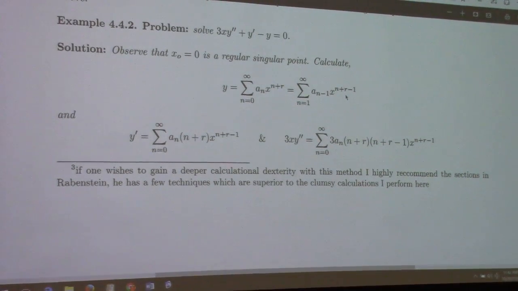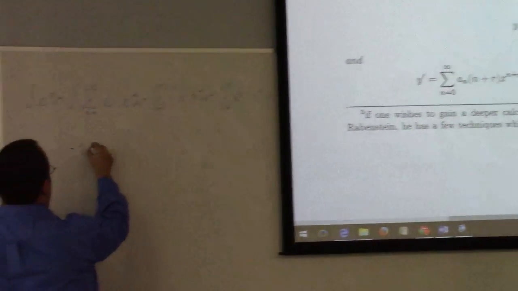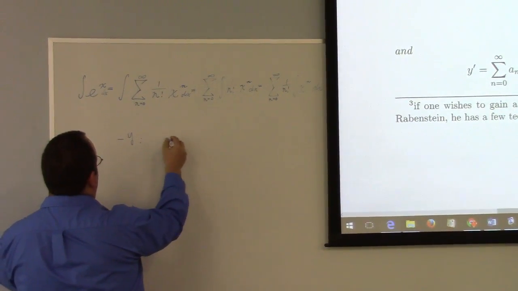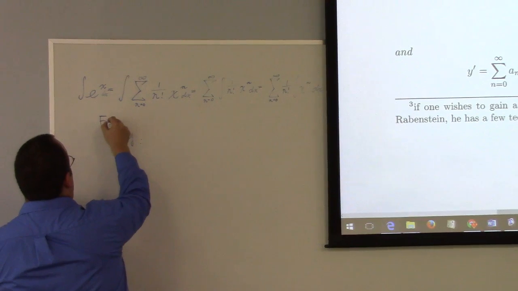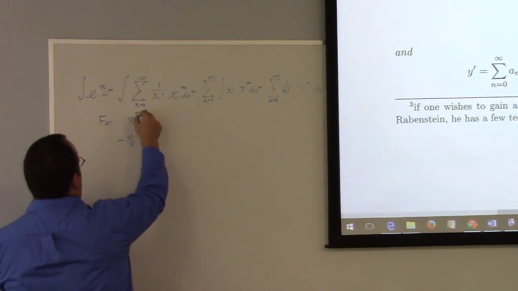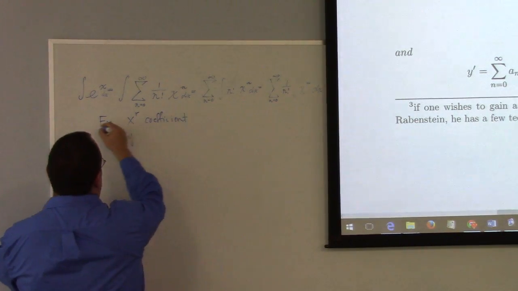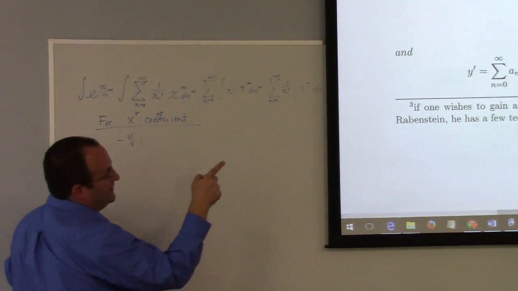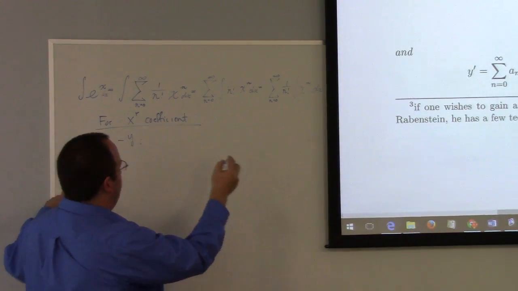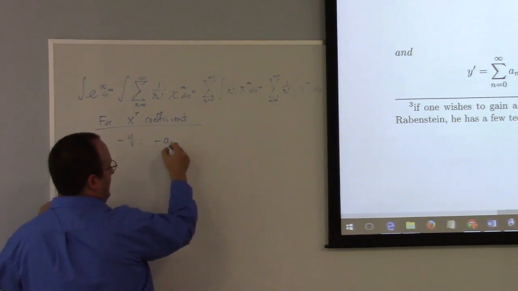So the minus y contributes what? So this is for the x to the r coefficient, all right? Which is important because that's what decides the initial equation, right? For minus y we get, I think I was just saying what? Minus a sub naught, right?